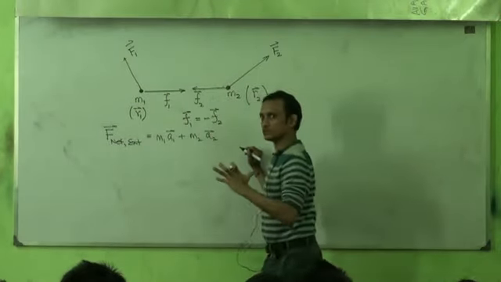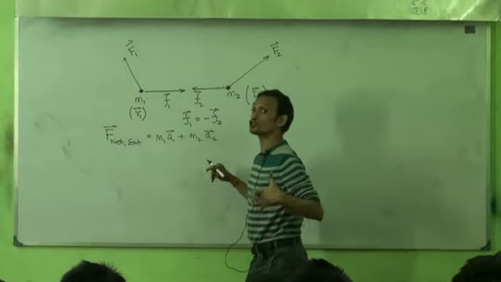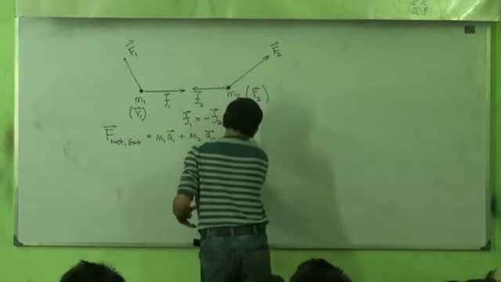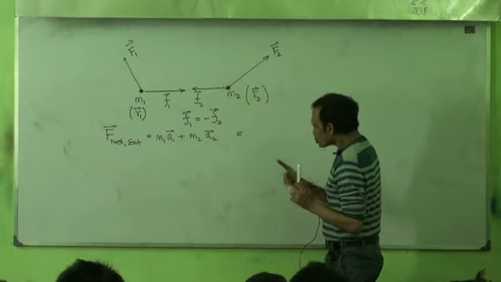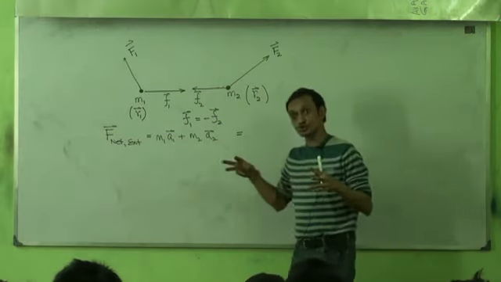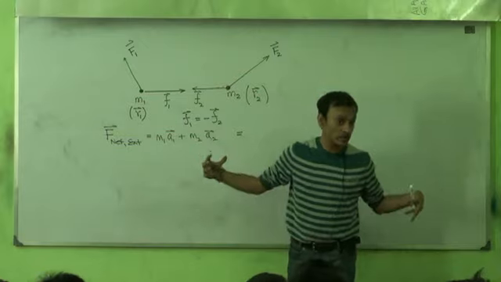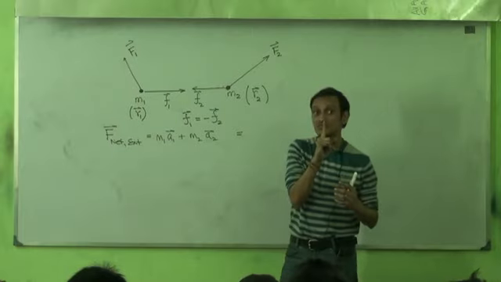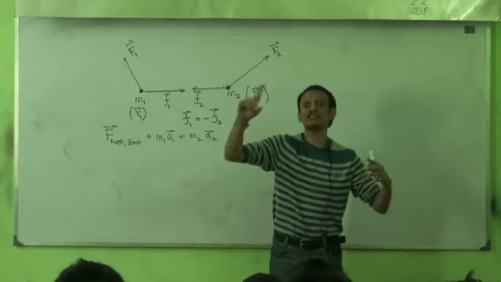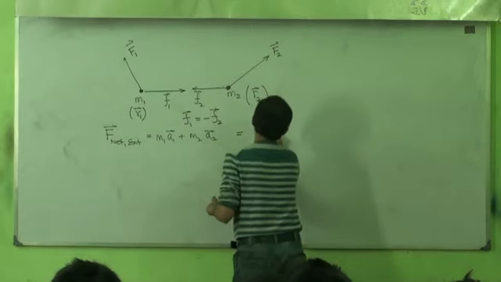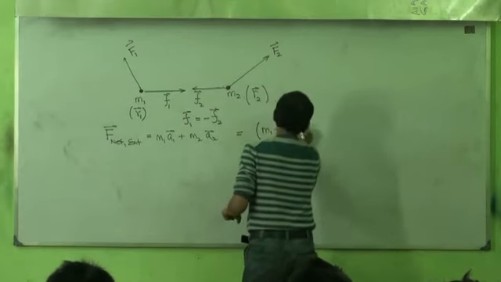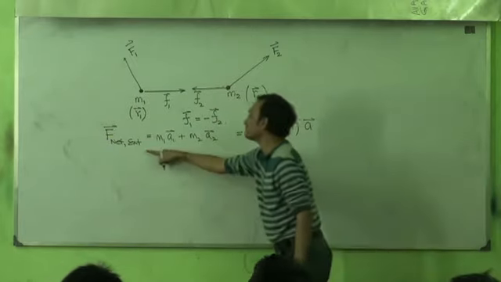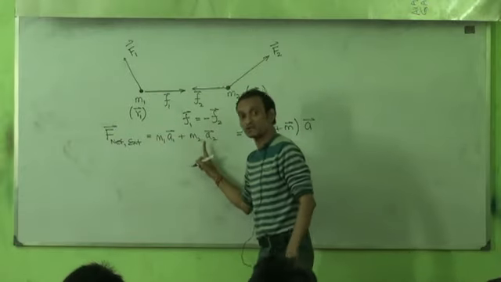See, this is a notional idea. Instead of M1 and M2 as two discrete masses placed at locations R1 and R2, imagine one single point mass, M1 plus M2, having an acceleration A. This F net external is doing like M1A1 plus M2A2.